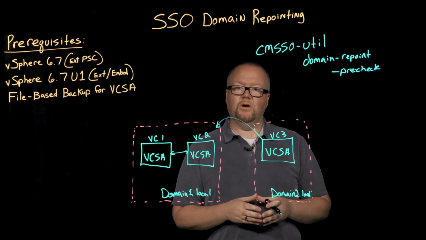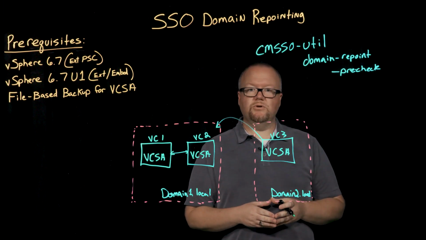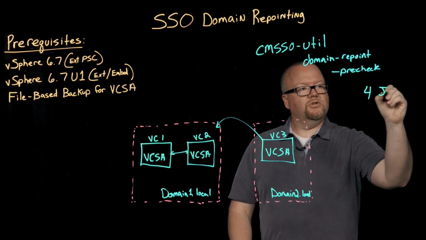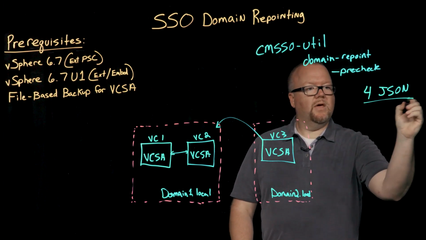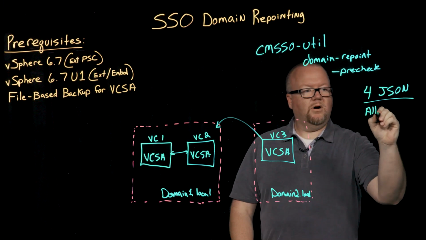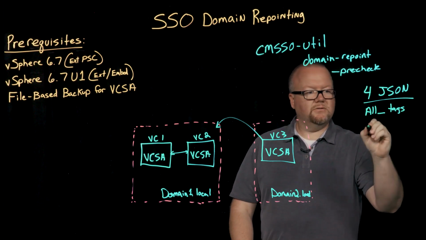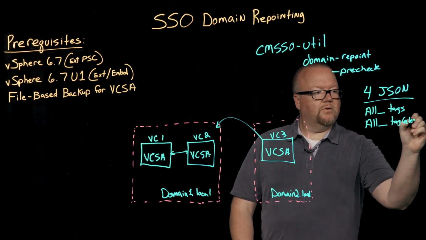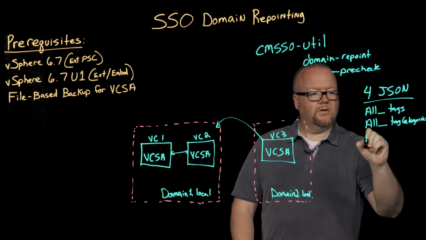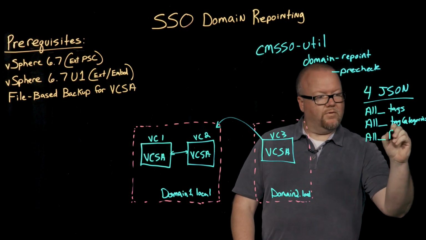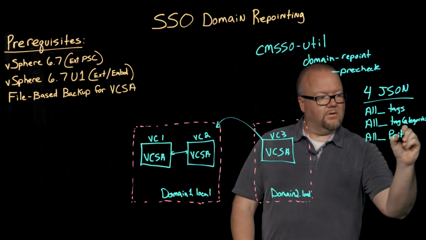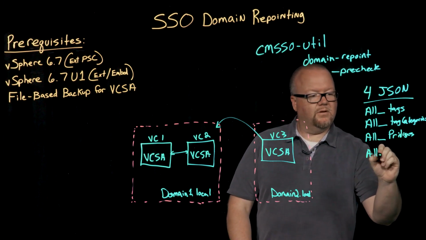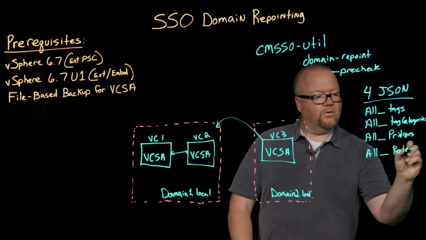And to be able to give you a chance to resolve those, we pipe out 4 different JSON files. So we have 4 JSON files that are created, and those files are all underscore tags, all underscore tag categories, all underscore privileges, and all underscore roles.